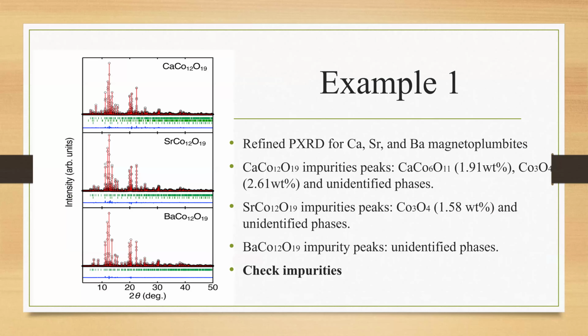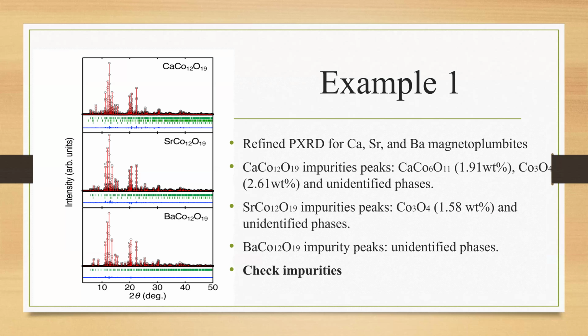And this is example one, which is called magnetoplumbite. Here we have an example of refined powder XRD data for three different magnetoplumbite compounds: calcium cobalt oxide, strontium cobalt oxide, and barium cobalt oxide.